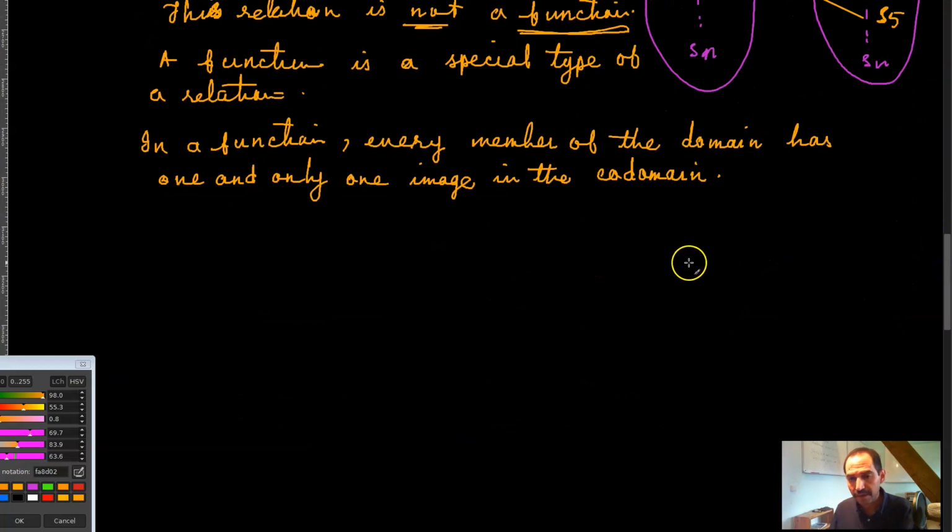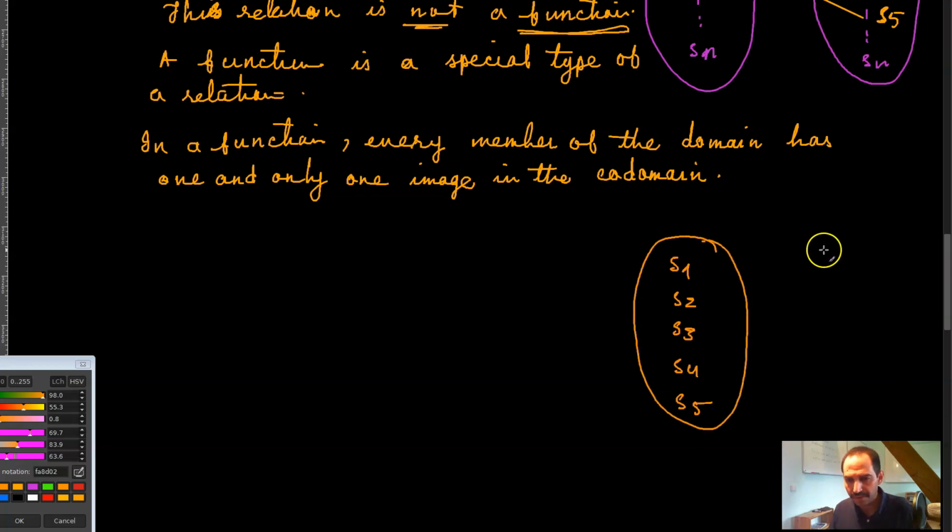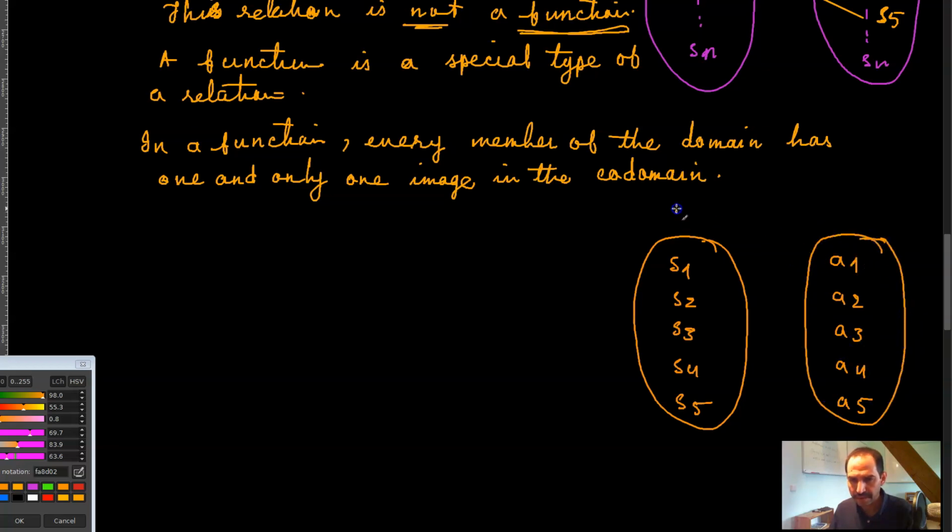If I had something like, for example, S1, S2, S3, S4, and S5, and if I had some other elements, for example A1, A2, A3, A4, and A5 here, and these were two sets A and B, and in this set S1 was related to A1, S2 was related to A2, S3 was related to A3, S4 was related to A4, and S5 was related to A5.